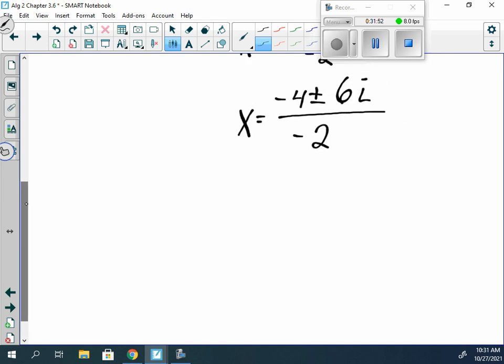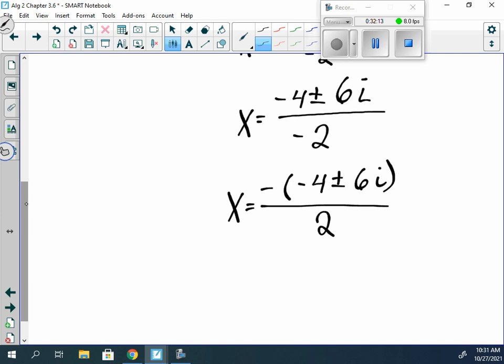Now, before we go dividing or doing any simplifications like that, if there is a negative in the denominator, we can move it up to the numerator, because we don't like having negatives in the bottom of the fraction. So it's perfectly fine to move it up and say negative 4 plus or minus 6i all over 2, because we're essentially factoring out the negative 1 from the denominator and multiplying it through the numerator. Let's see what happens.